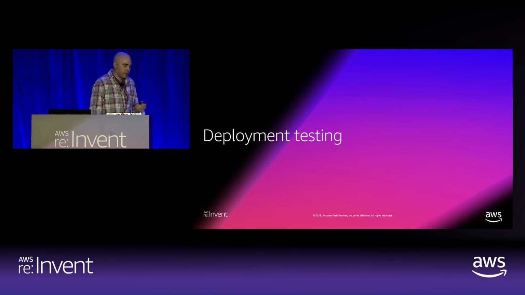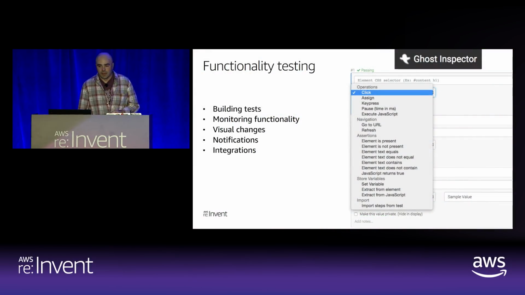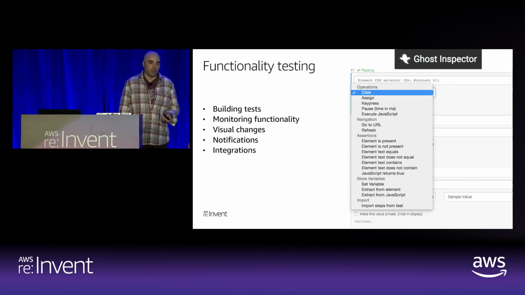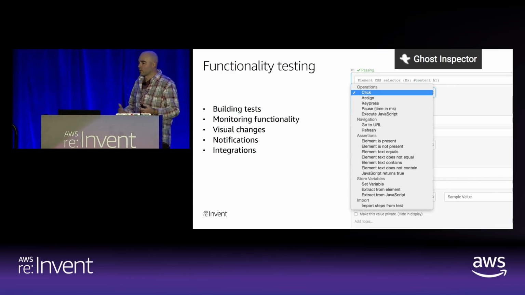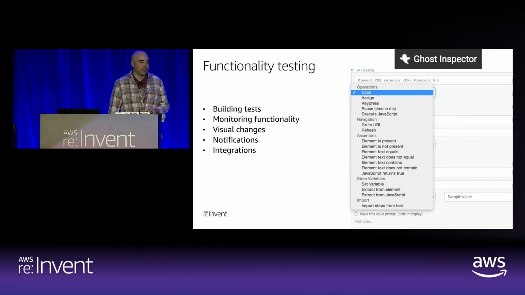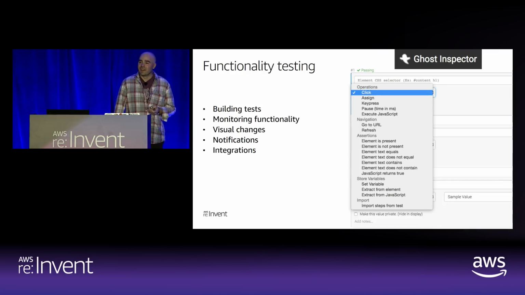And so, kicking things off, the idea of deployment testing. Today we're going to be showcasing Ghost Inspector. Ghost Inspector is an AWS partner solution. They have direct integration with AWS CodePipeline. One of the really fun things I like, and probably the simplest thing that they do, is the Chrome browser extension.